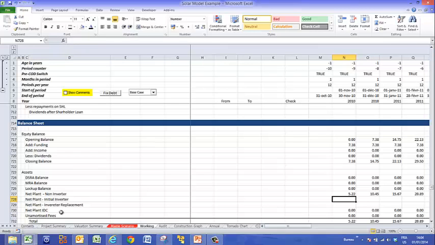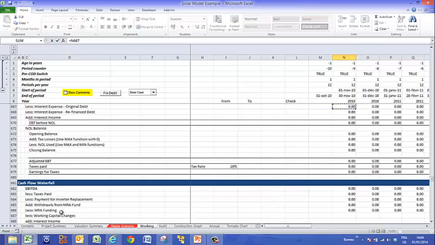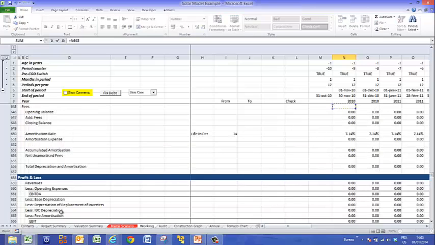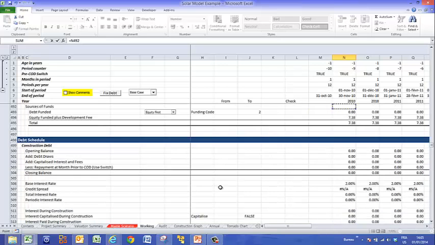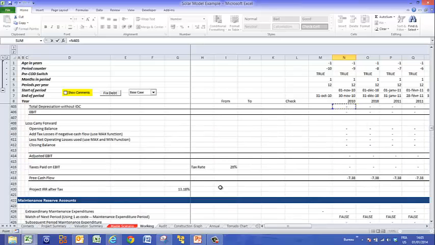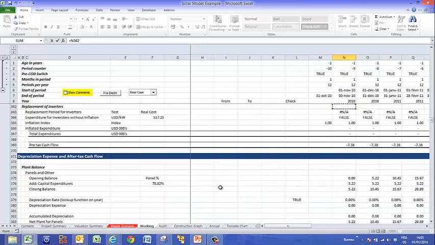For the initial inverter, what we do is, how boring this is. For the inverter, we put a separate group of accounts together up in the depreciation section.